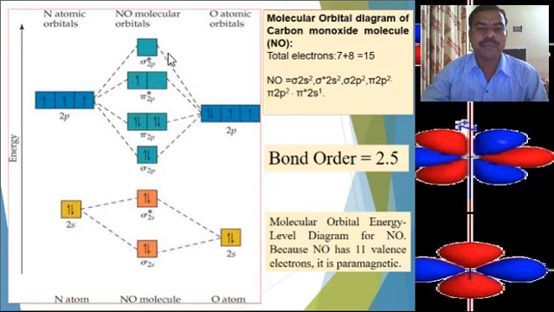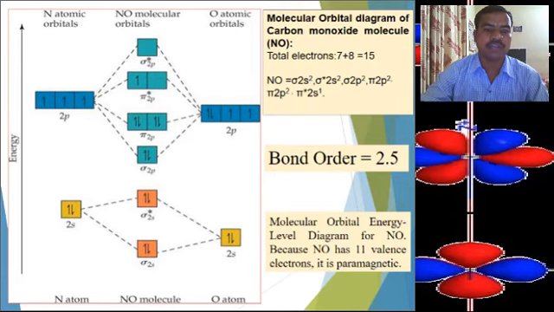These are the molecular orbital diagrams of the NO molecule. Here, these are the atomic orbitals of the nitrogen atom, and here the atomic orbitals of the oxygen atom. And here, these are the molecular orbitals of NO, showing the distributions of the electrons of the N atom and the O atom.